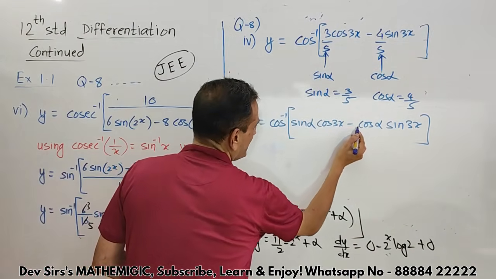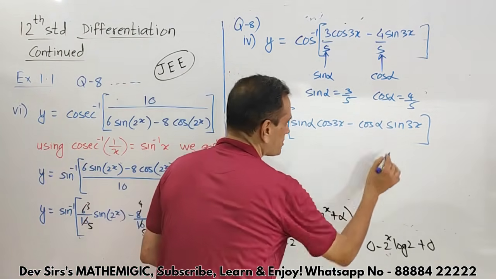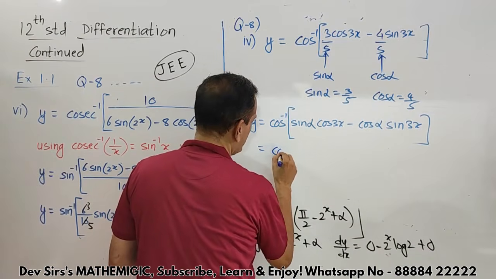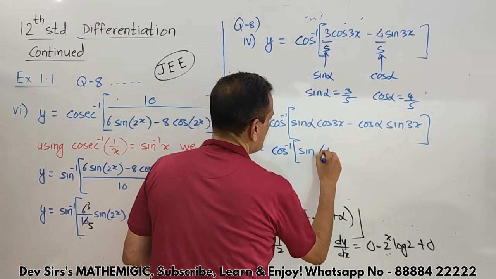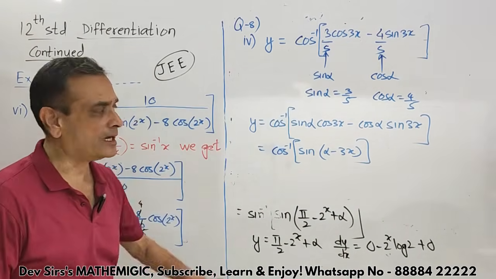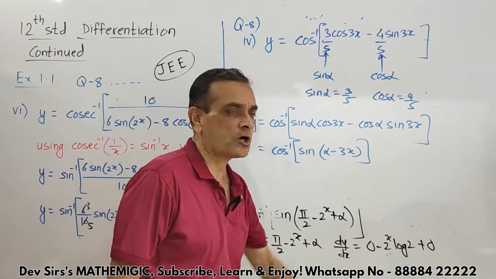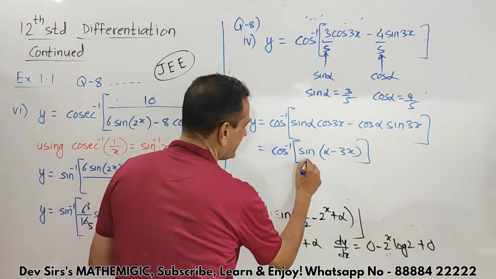Sin A cos B minus cos A sin B, no need to rearrange. Sin cos minus cos sin has come, so what will you write? Sin of A minus B, alpha minus 3x. Same formula. Sin A cos B minus cos A sin B, sin of A minus B, but there is one slight hitch over here. You are getting sin here.